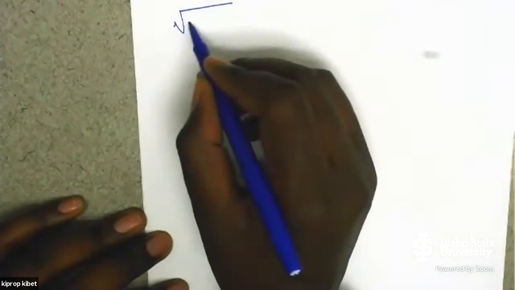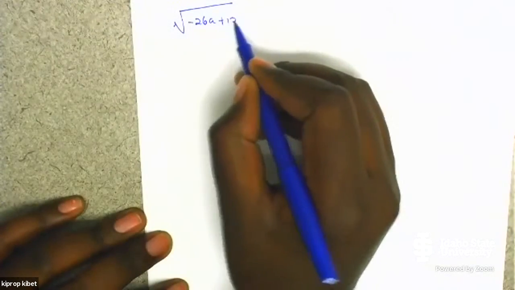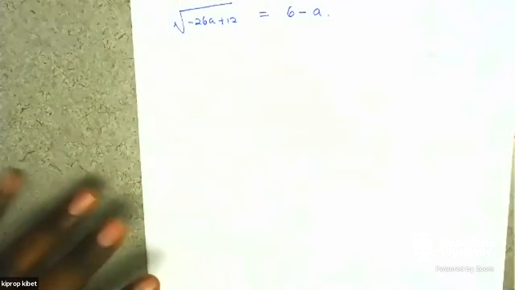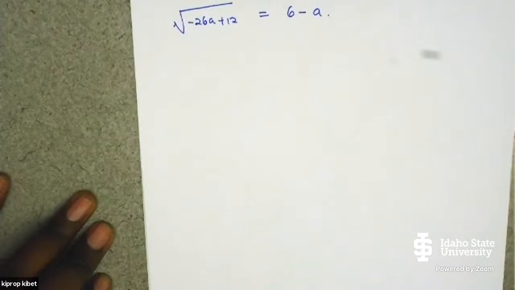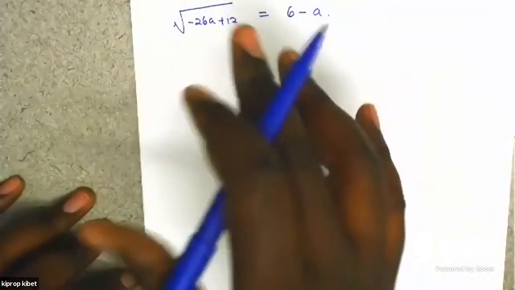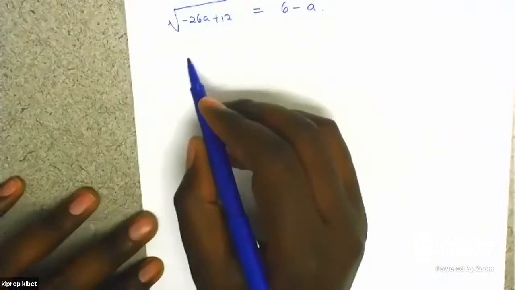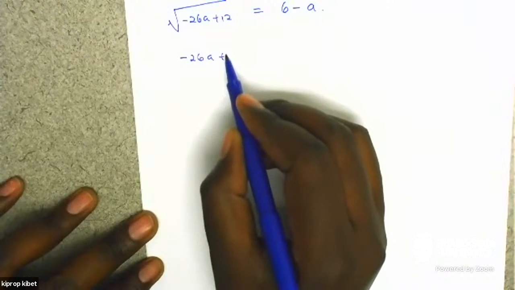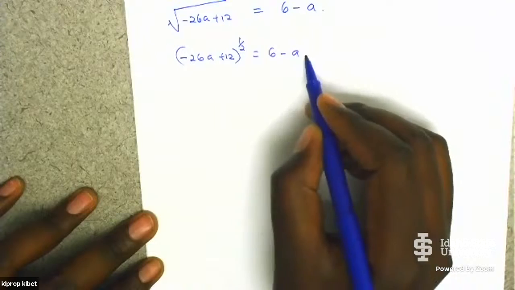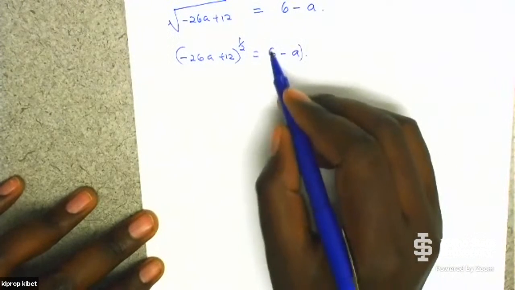So what you need to do is take a to the other side. So the square root of minus 26a plus 12 equals 6 minus a. Then you remove this radical. It is the same as minus 26a plus 12 raised to 1 over 2 equals 6 minus a.